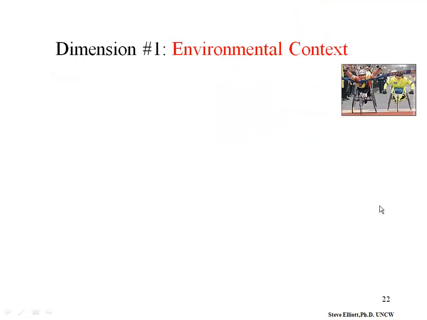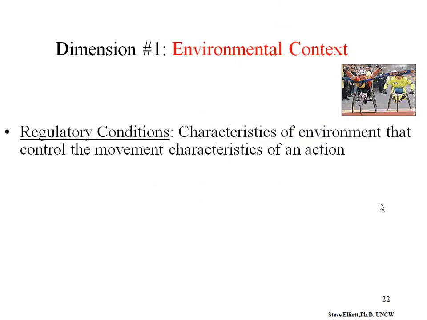So the first dimension is the environmental context. She broke this down into two characteristics. The first one she termed regulatory conditions. The term regulatory conditions refers to features of the environmental context to which movements must conform if they are to achieve the action goal.